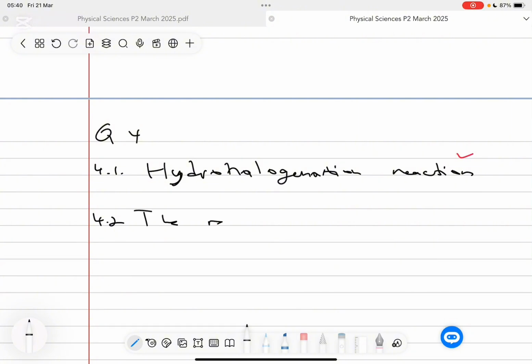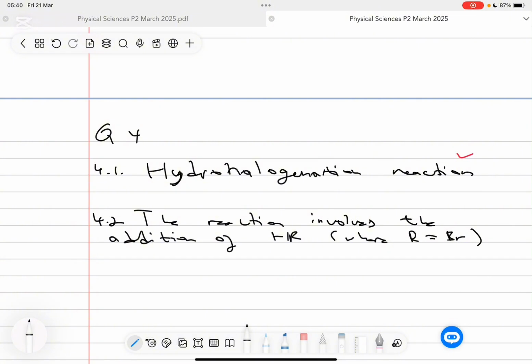We are simply going to say the reaction involves the addition of the HR, where obviously the H is a hydrogen. The R here is actually a halogen, in this case a bromine. So the R is the same as the bromine here. So we're adding this H.